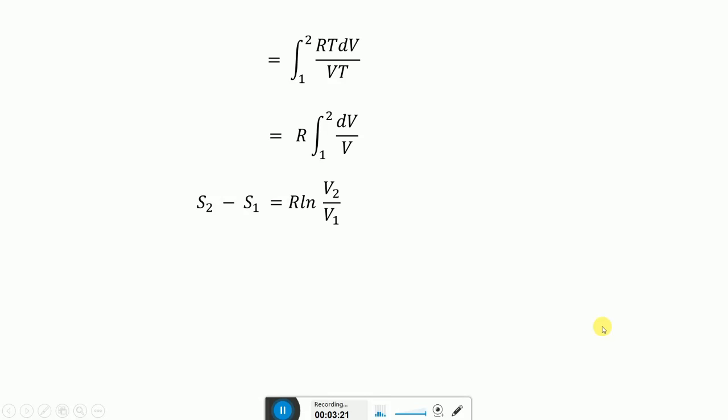This equation gives the change in entropy due to isothermal change.